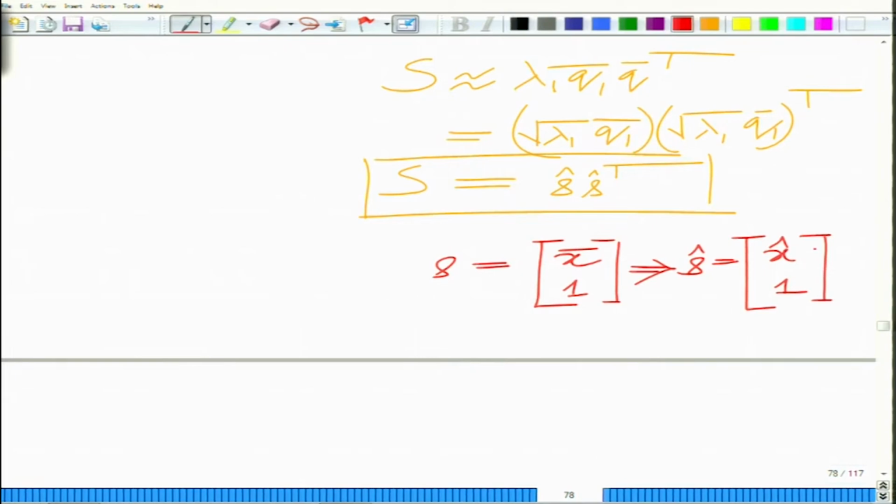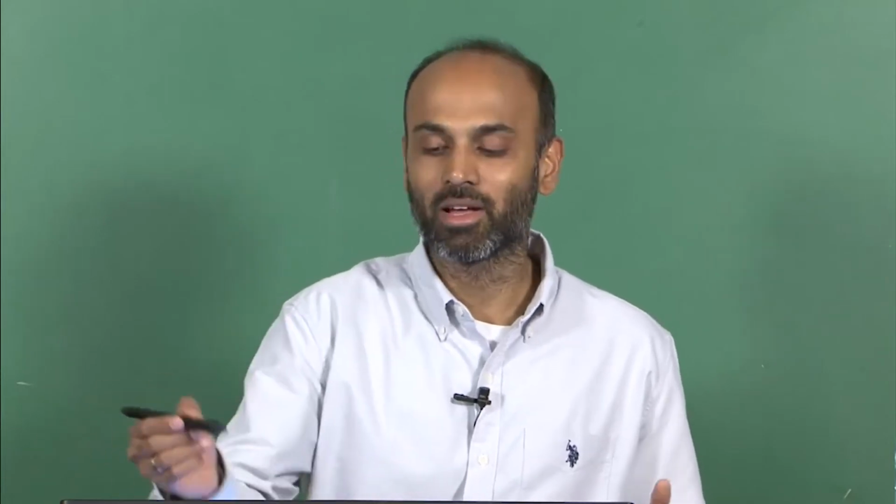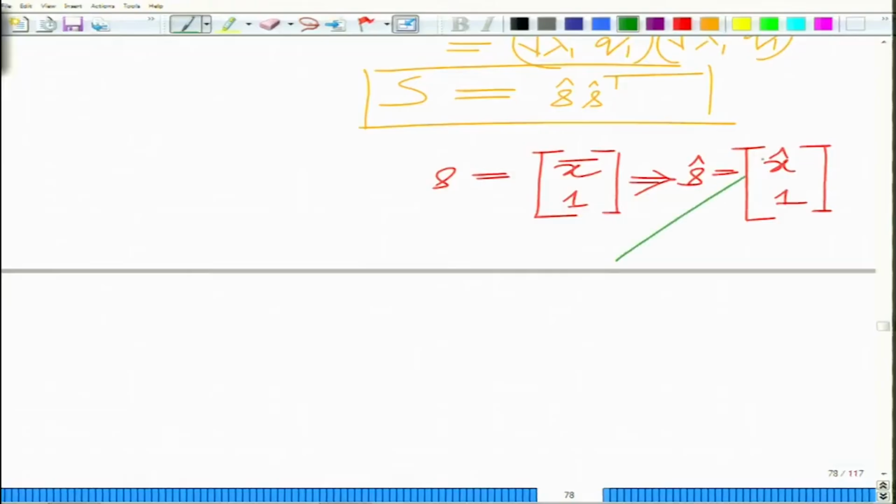So, by choosing the first t symbols of S hat, you get the transmitted symbols x bar.